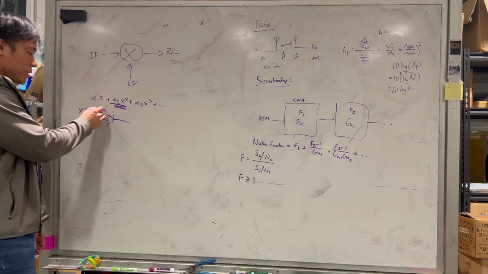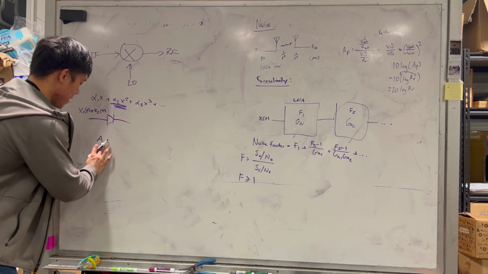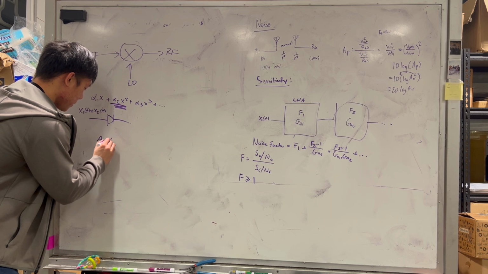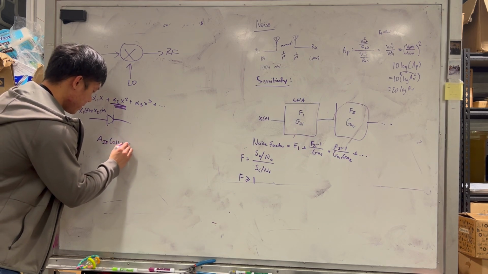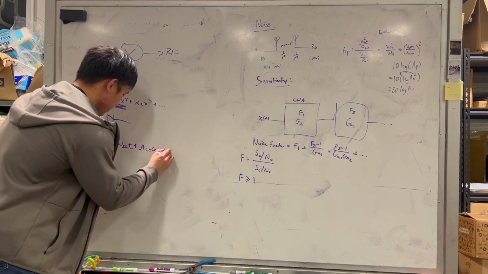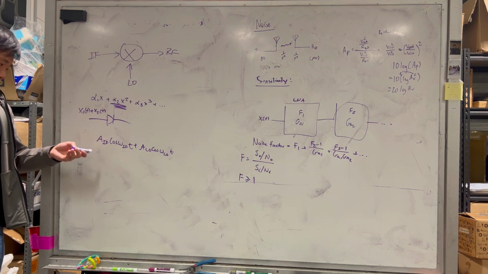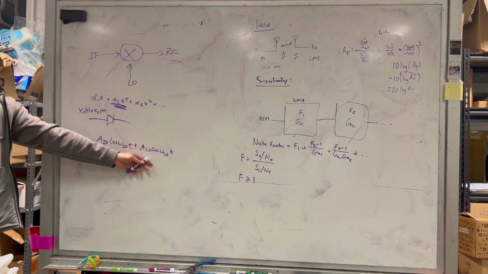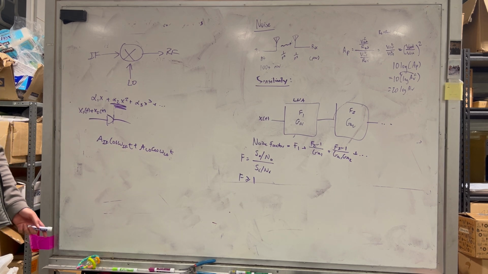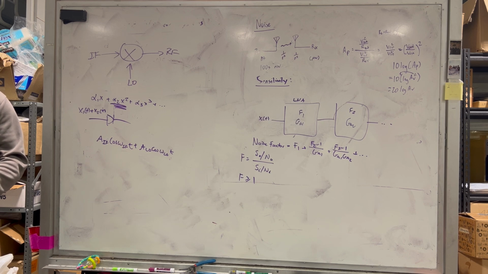When you add these two signals together, when you have A IF cosine omega IF t plus A LO cosine omega LO t, right? You pass that through this, right? This is much smaller than this, right? When you do the whole mixing thing, you also don't want to see those spurious products too much either.